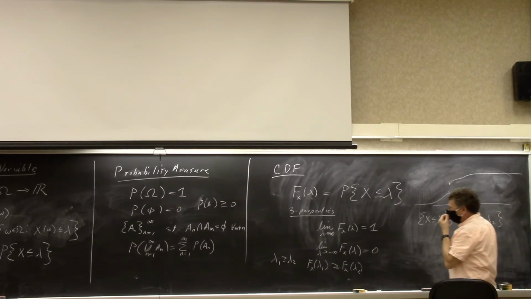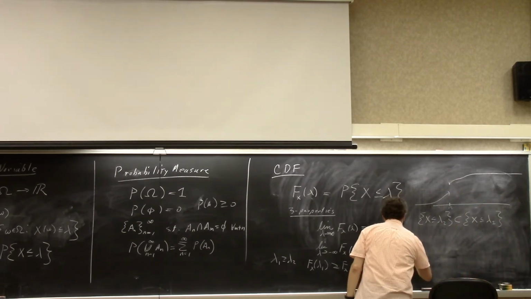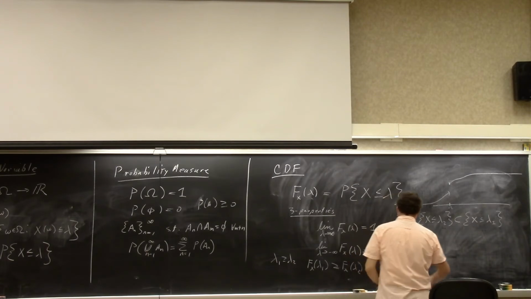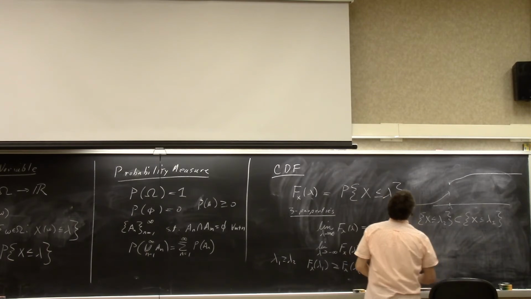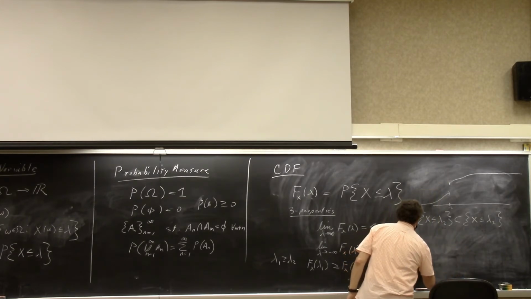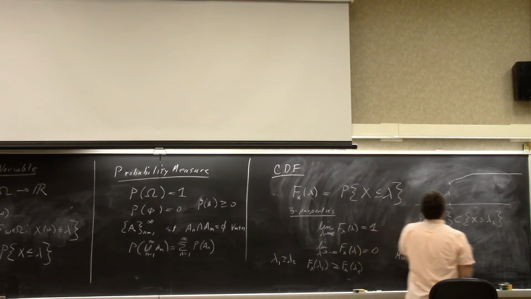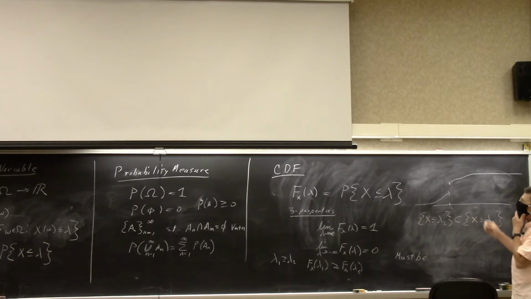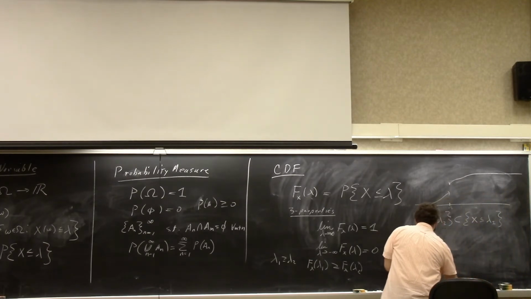So this thing always has to have the property that the limit must be, this is called right-hand or left-hand continuous. I think it's called right-hand continuous. Yeah, right-hand continuous.